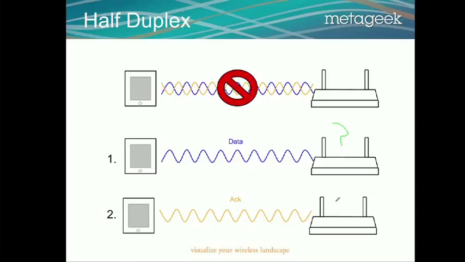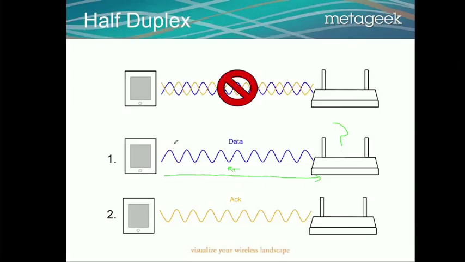And when it doesn't know what it was, it does not respond with an acknowledgement. So the iPad has to send its frame again, and we call this a retransmission. Now, we're all here for this packet analysis webinar because this is what we care about. We want to know how often devices have to repeat themselves. So if there's interference and devices are having to repeat themselves, there's an inefficiency that we need to be aware of.